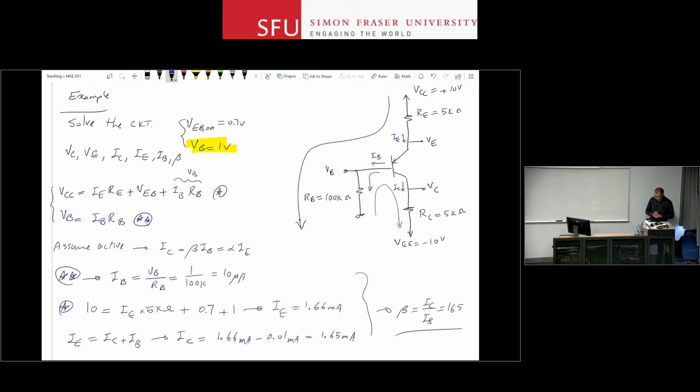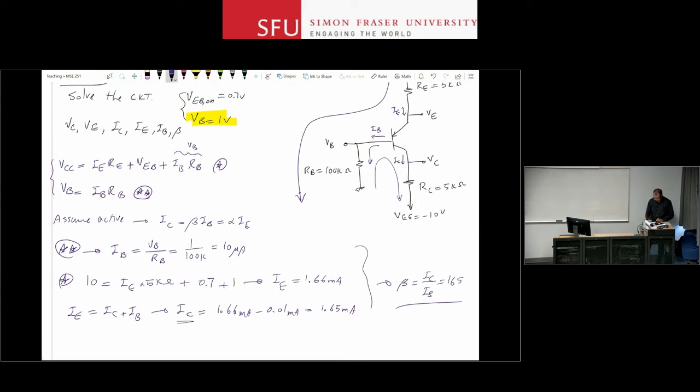So the remaining task is to calculate VC. Well, I've already calculated IC, and I can write a KVL from this point downwards, right? I'm not going across the current source anymore. I just write VC in terms of the voltages that are below it all the way to ground.